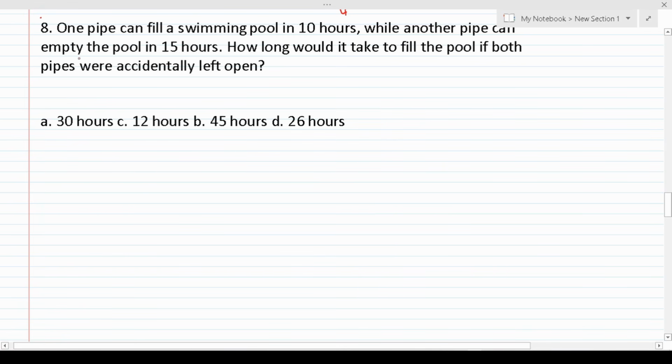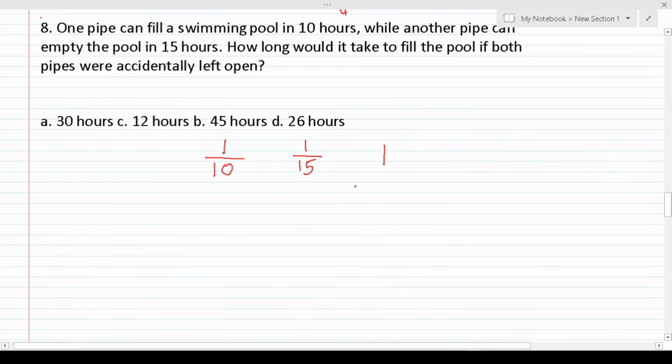In case you're a new viewer or subscriber, if one pipe can fill the swimming pool in 10 hours, that means every hour it fills 1/10 of the swimming pool. Similarly, if one pipe can empty the pool in 15 hours, that means every hour it empties 1/15 of the pool. We want to figure out how long it's going to take, if they're both left open, to fill one pool.